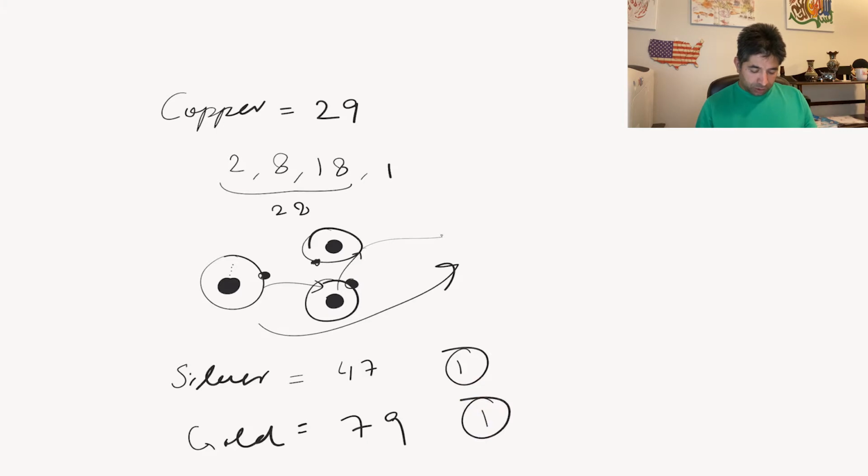Now, the opposite of a conductor is an insulator. Insulators are materials where the electrons are very tightly tied to the atom.